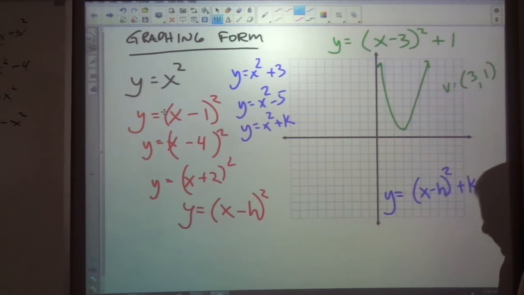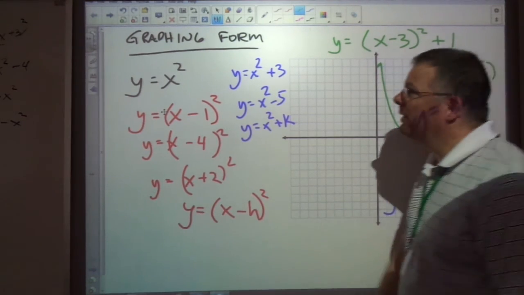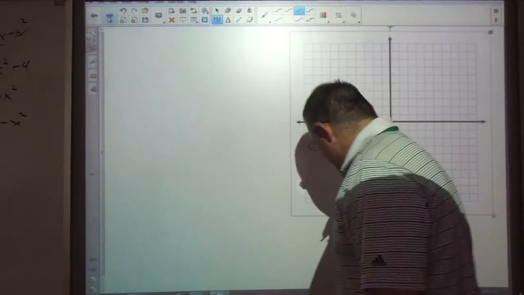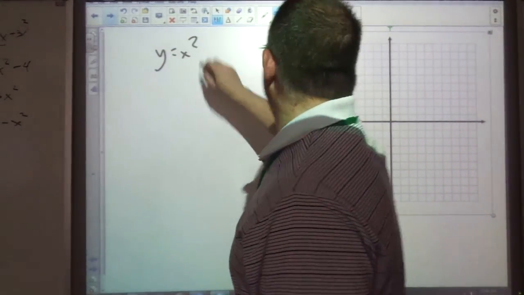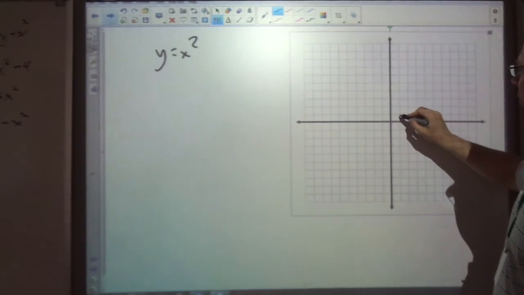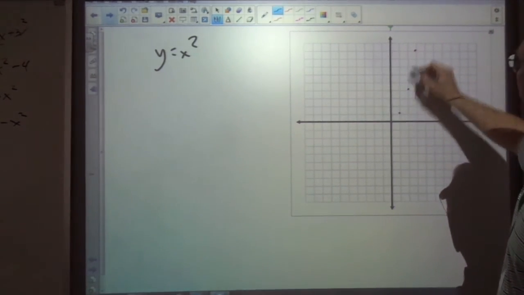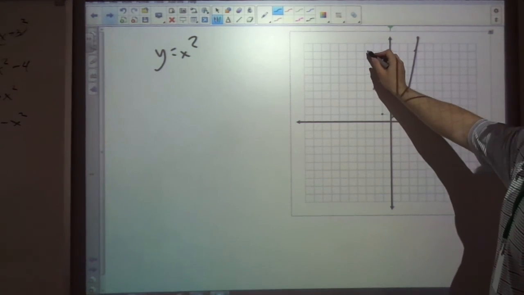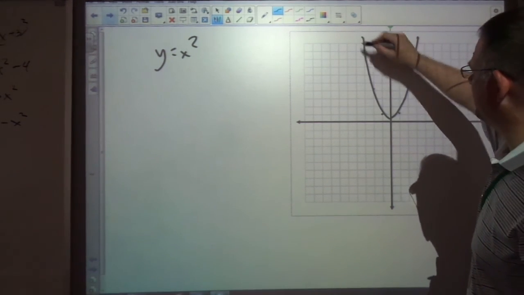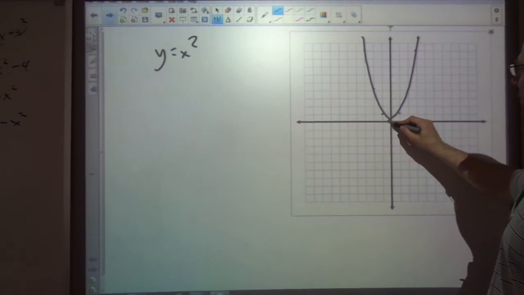How it's shifted? Now the other thing you guys figured out was, what if there's a front number that's changed, right? So if we have y equals x squared, remember that's going to be our normal, here's 1 and then 4 and then 9. Whoopsies. That's supposed to go through 0, 0.